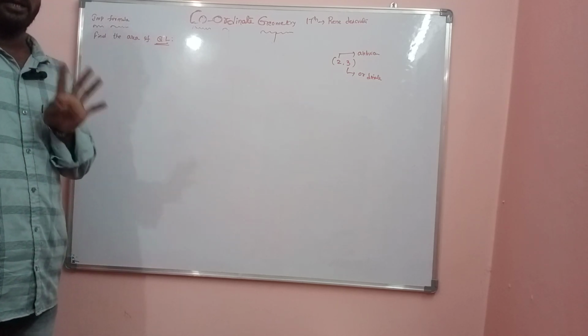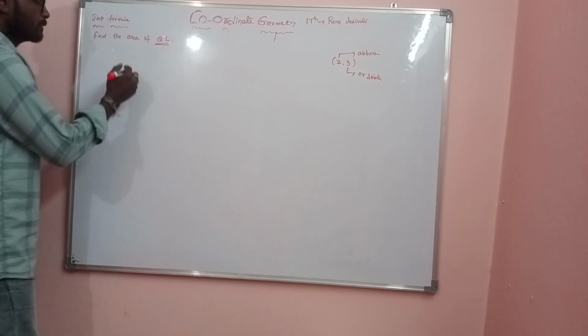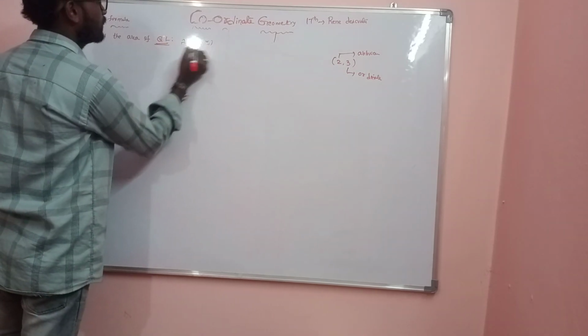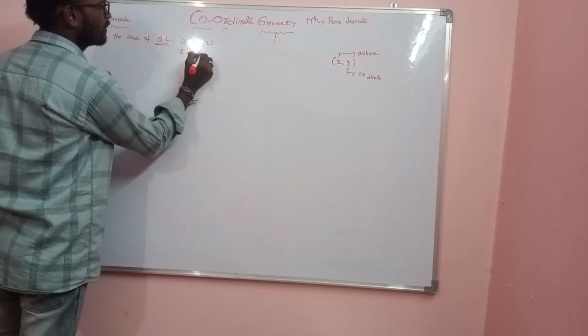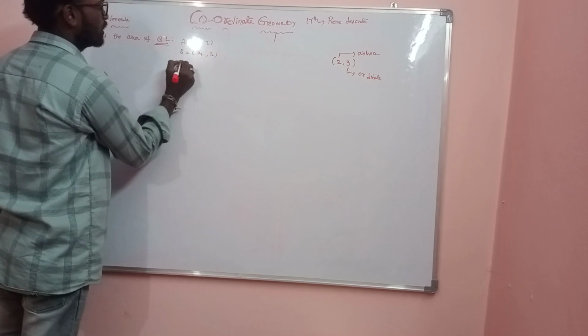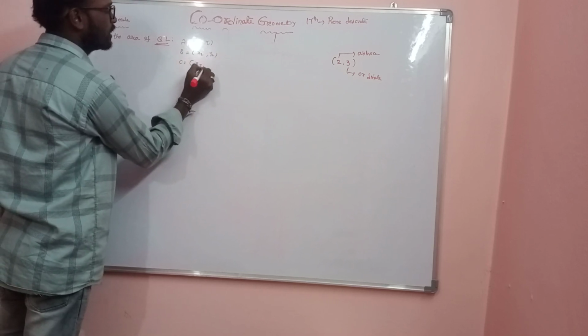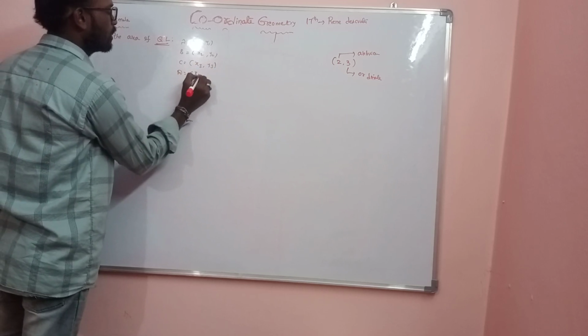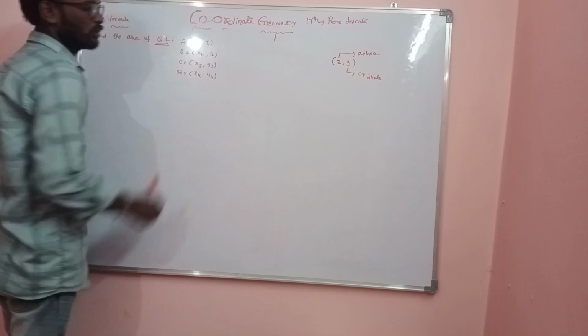Consider A as (x1, y1), B as (x2, y2), C as (x3, y3), and D as (x4, y4).